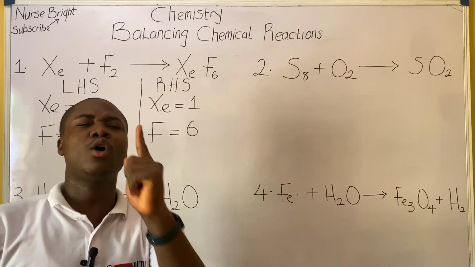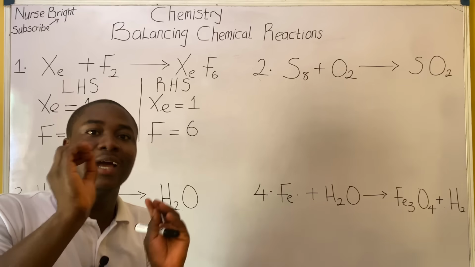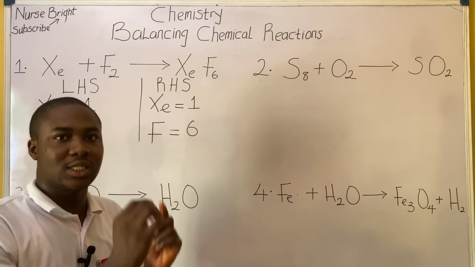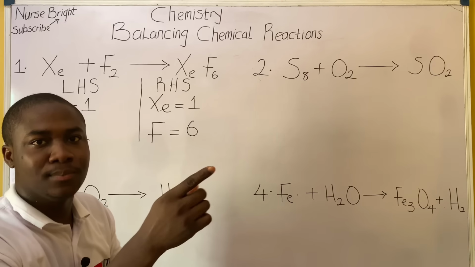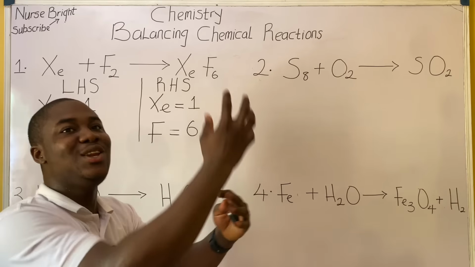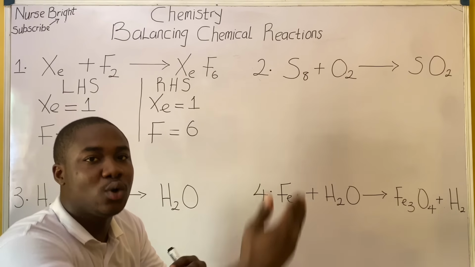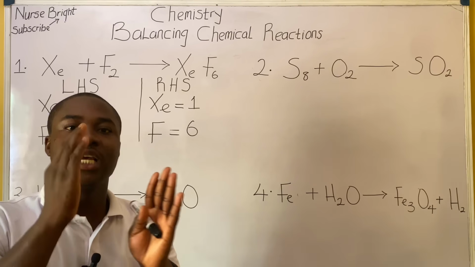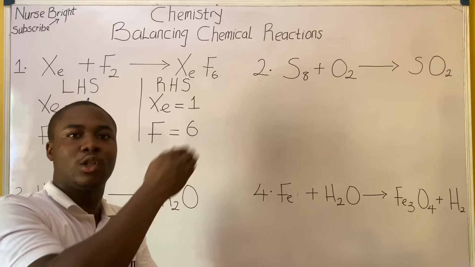And you should focus more on the side with lesser number. I believe you are following me, because the other side is already higher. There is nothing you can do to the side that is higher, because if you keep on adding numbers to those sides that are higher, they are going to become even higher than the sides that have lower numbers. So focus more on the sides with lower numbers.